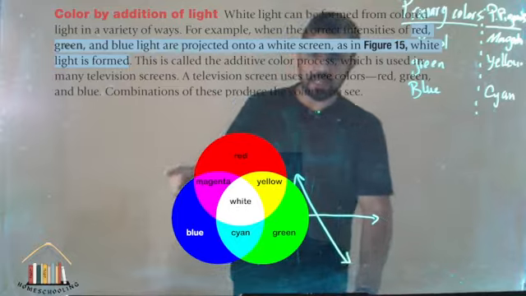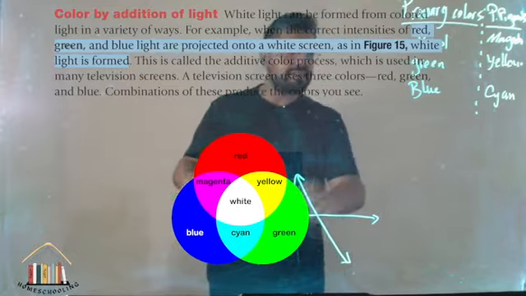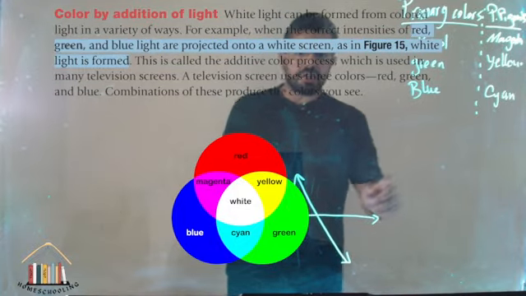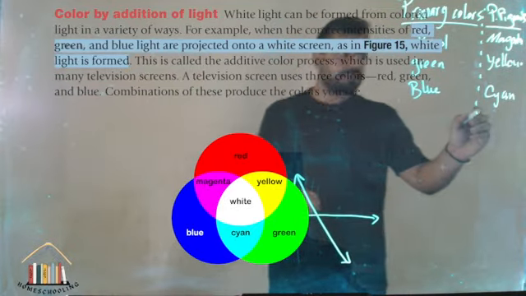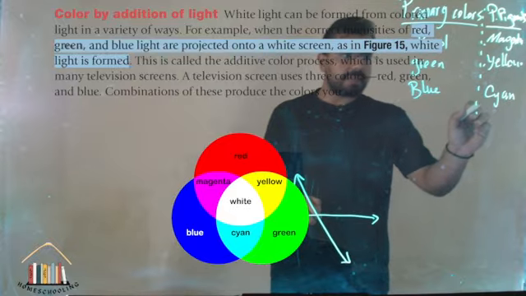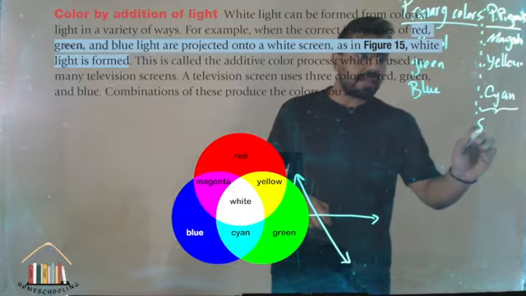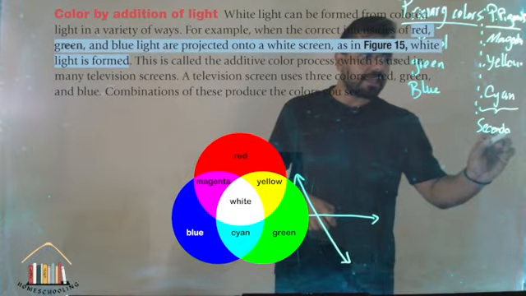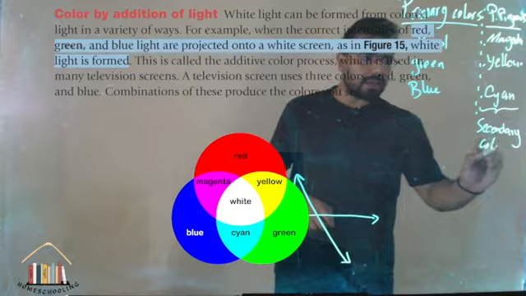However, the secondary colors are the magenta, the yellow, and the cyan. So the secondary colors are the magenta, the yellow, and the cyan at the same time.